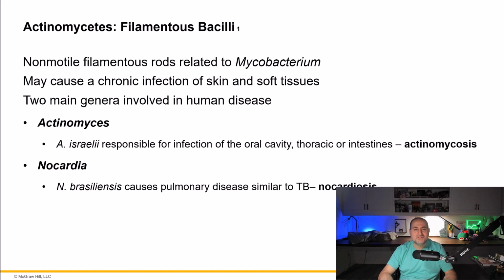They have a filamentous cell shape. So again, these are known for being filamentous bacilli. And the actinomycetes, like Actinomyces israelii, is responsible for actinomycosis, while Nocardia brasiliensis causes pulmonary disease called nocardiosis.